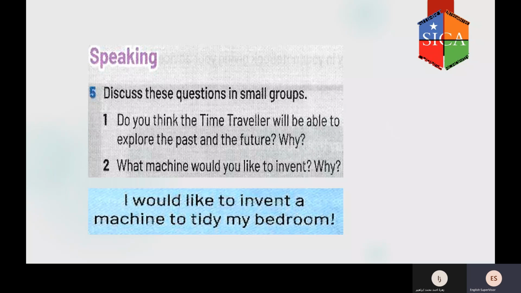What's the meaning of tidy? Tidy means to put them in order. To put everything in its right place. Okay? Nice one.